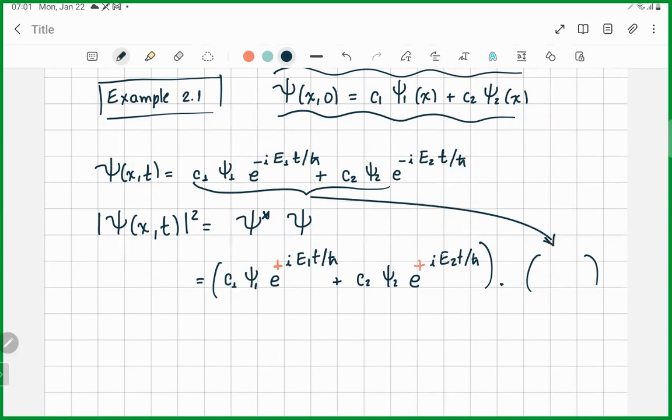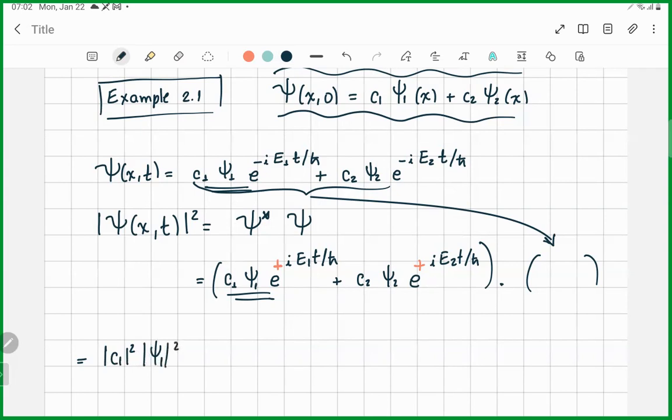All right, so now what are we going to do? This term multiplied by this term gives us C1 squared, psi1 squared. If we had played with the conjugate, just for you to keep in mind, this would be the absolute value squared of C1 times the absolute value squared of psi1.